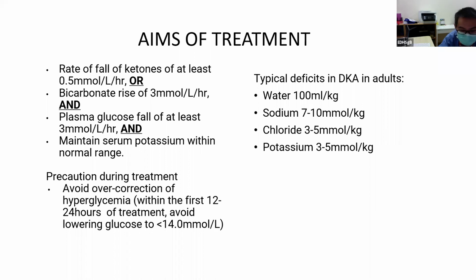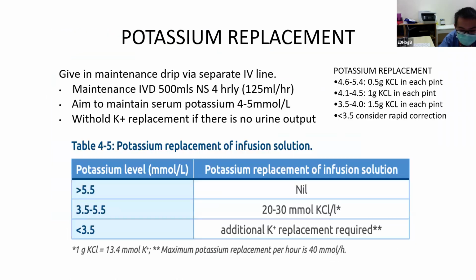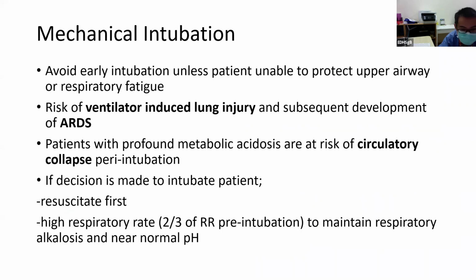If you intubate this patient, you might struggle to compensate for their pre-intubation respiratory rate, because if you see yang Wendy punya recommendation tadi, dia kata you try to match 2/3 of the pre-intubation RR, which is usually they come with 50-60 breath per minute, which if you calculate comes to 35 to 40 breath per minute, which your ventilator won't be able to give.